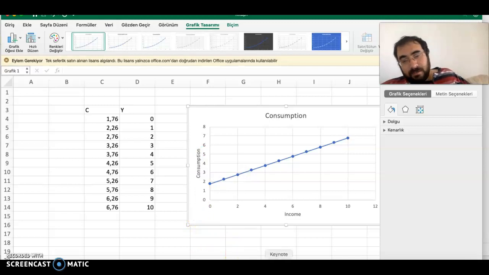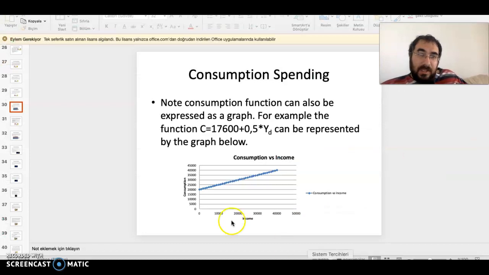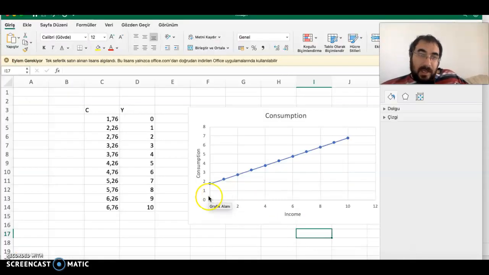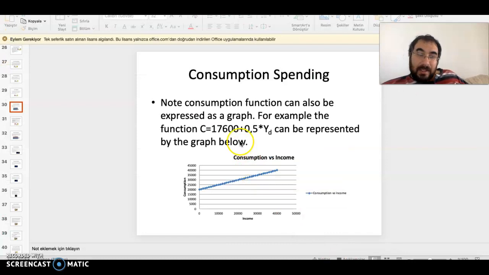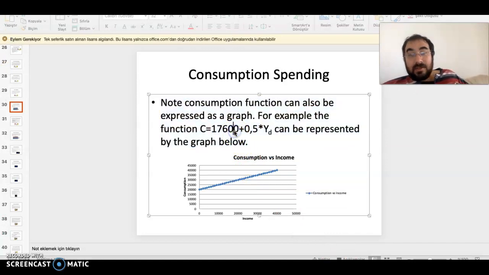Okay, that's it. Let's pass. And as you see, we have something similar here. Although here I have these numbers because I have taken them in billions here. Here I have taken in thousands basically. Billions basically. The same equation. So you have in thousands, I mean the same numbers.